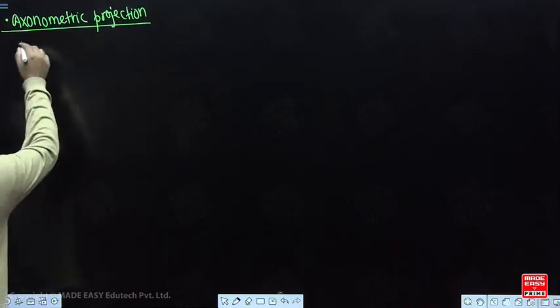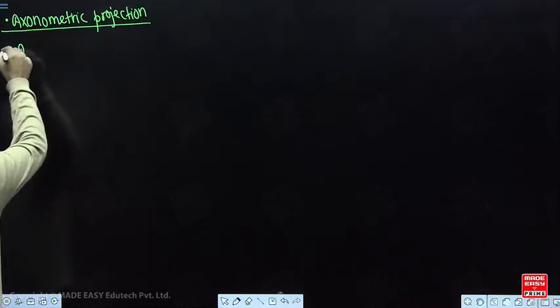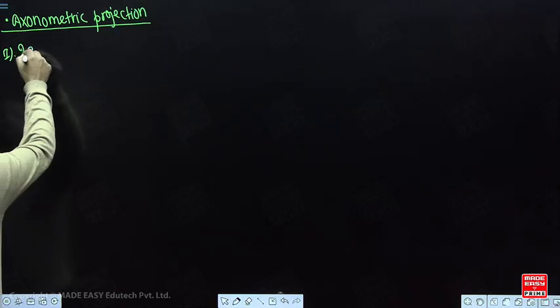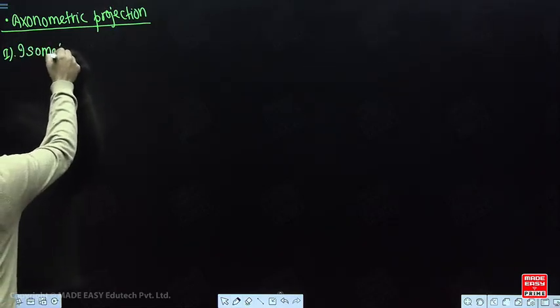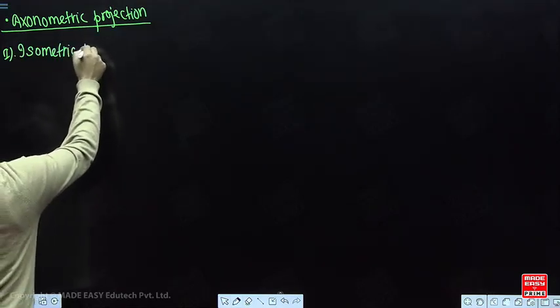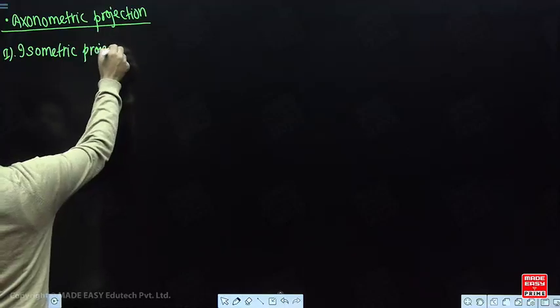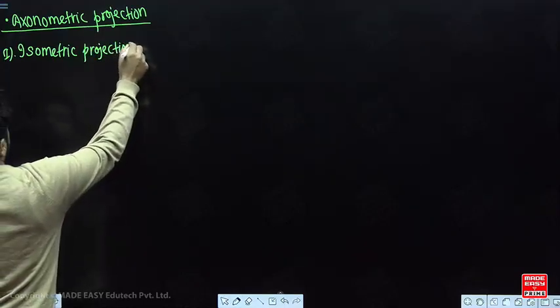Now coming to the axonometric projection. In axonometric projection, the first one we have is called isometric projection.